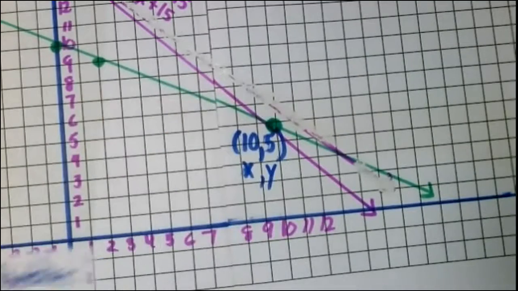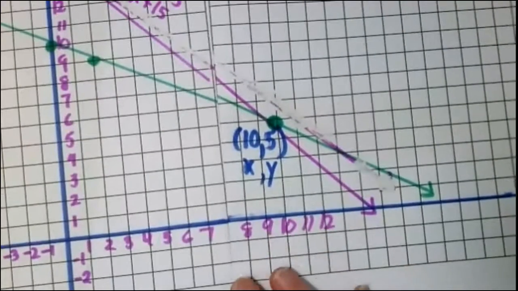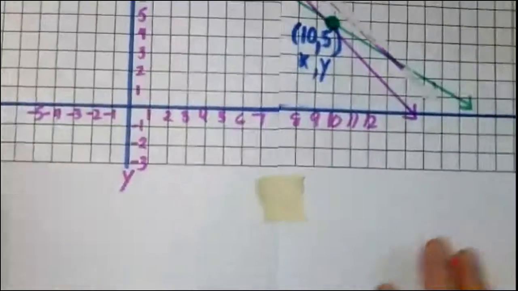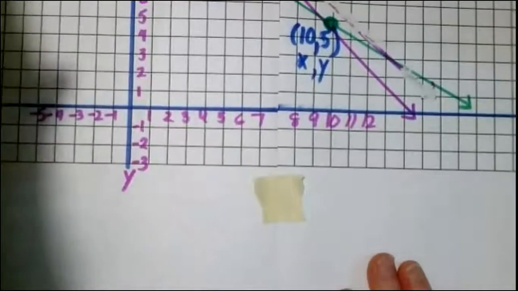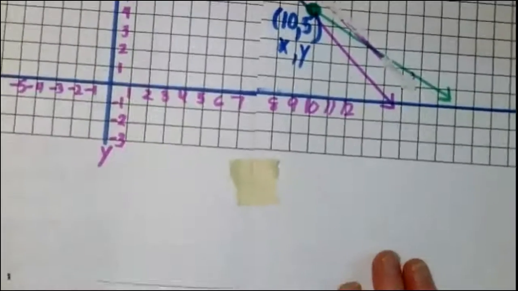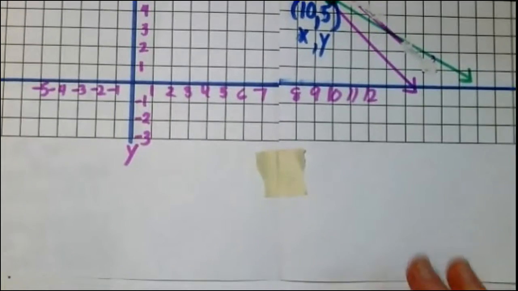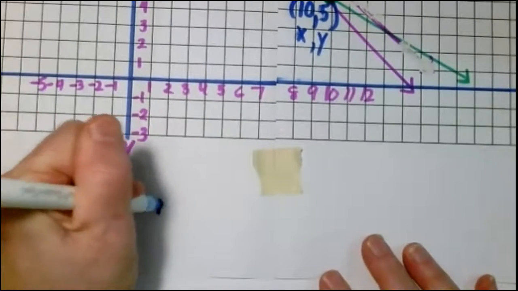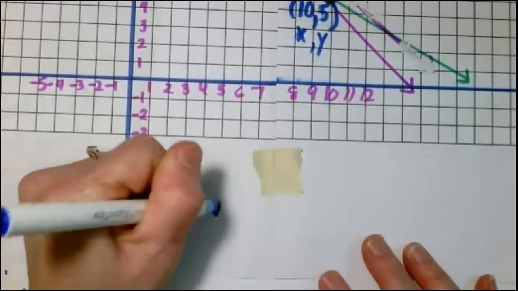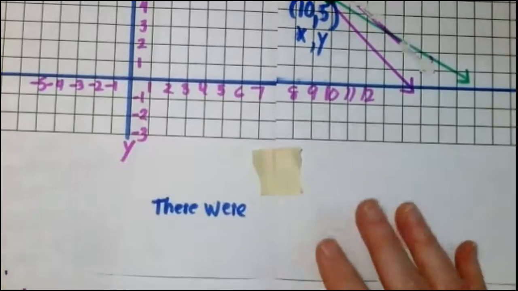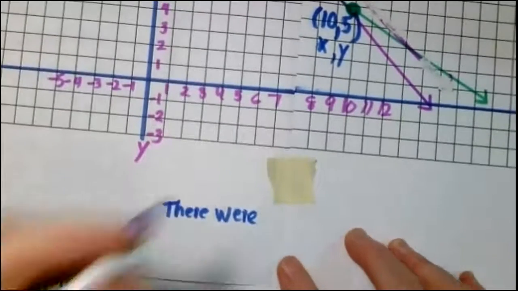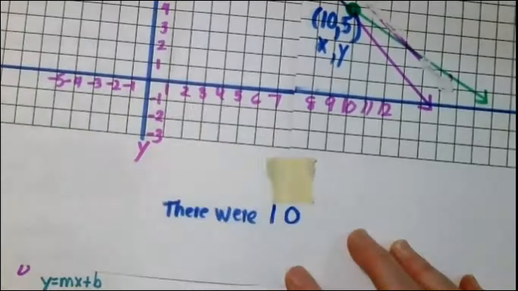So we can say that the answer then is, let me move some stuff around so I can see this. I've got the pencil holder in my way here. Okay, so the answer is, going back up, what does X represent?